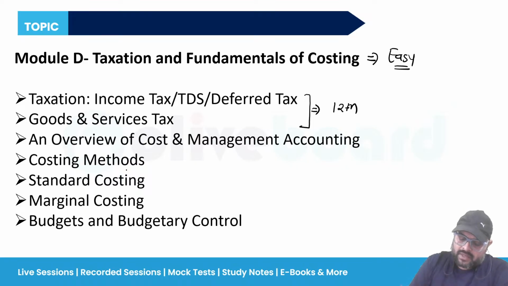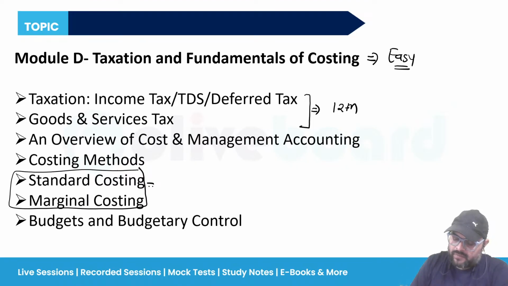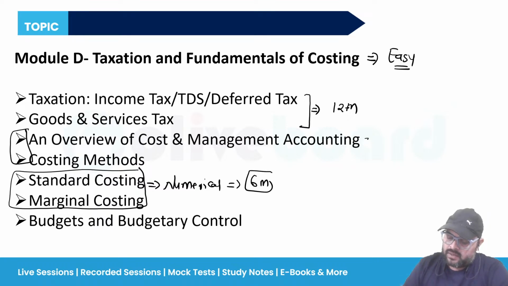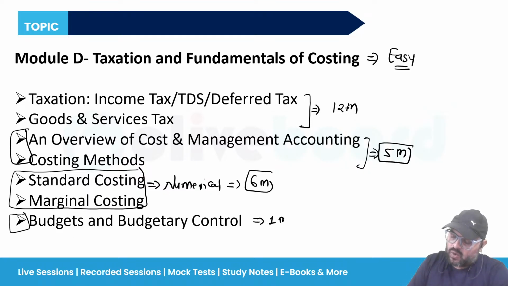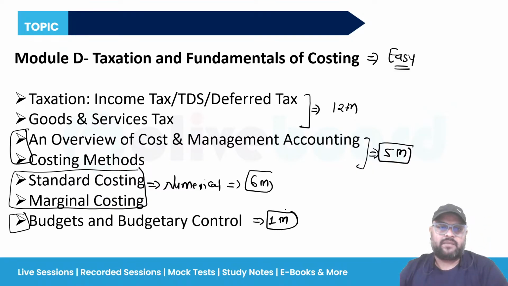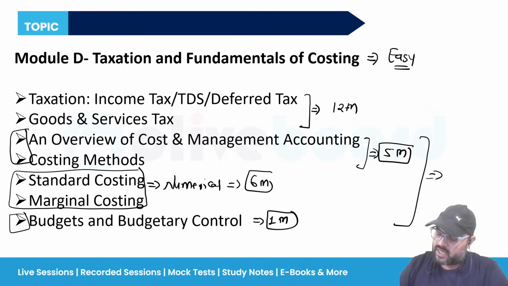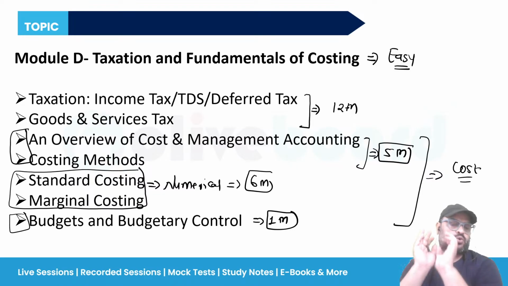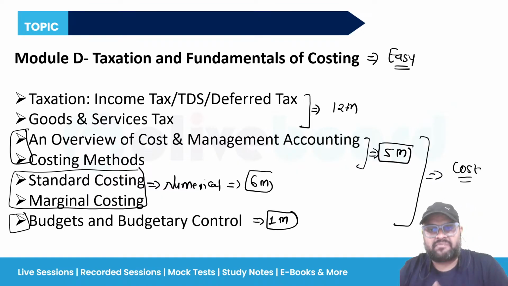Out of that, these two topics have the probability of numerical, and they have the weightage of 6 marks, and the remaining have the weightage of 5 marks, and the budget has the weightage of around 1 mark. This is how your syllabus looks like. This portion is related to cost, and both tax and cost are easy to score good marks kind of topics in your syllabus. This is the discussion about the syllabus.